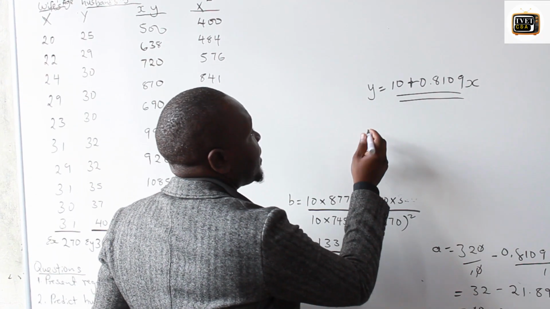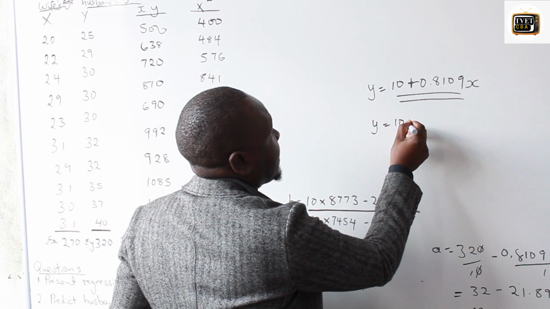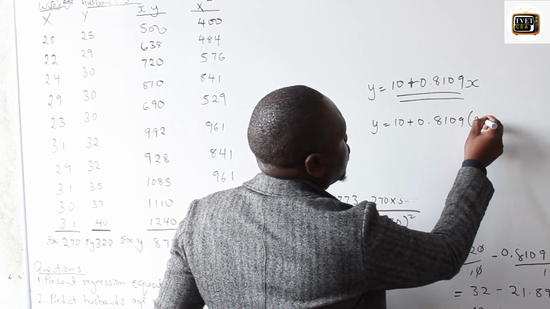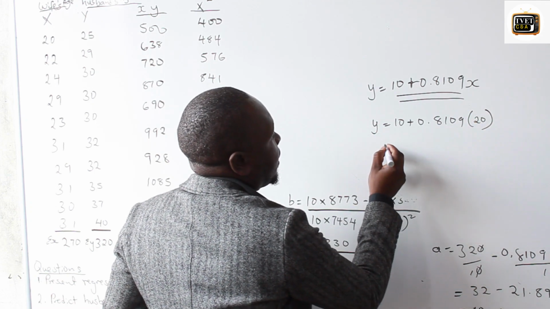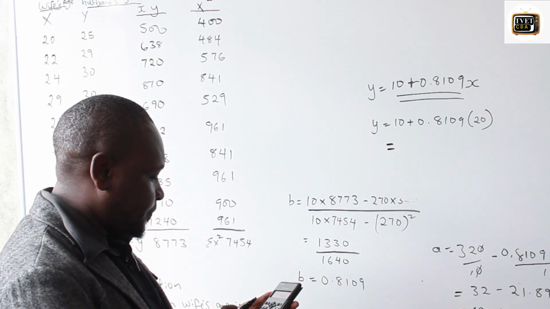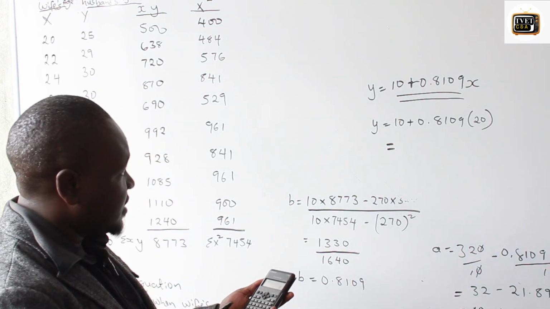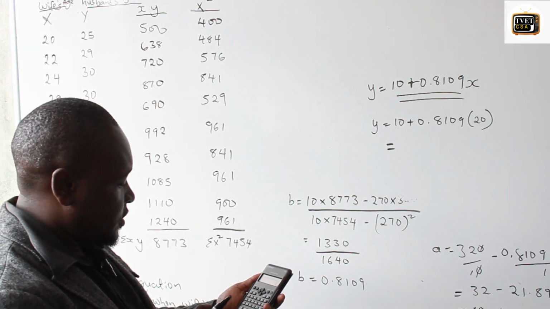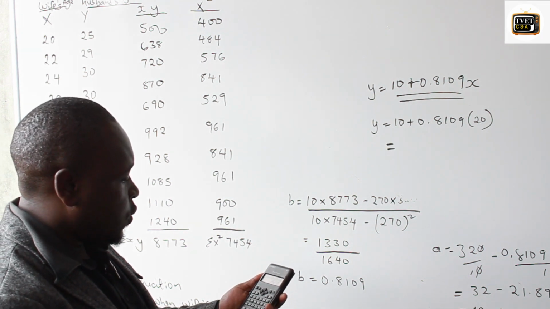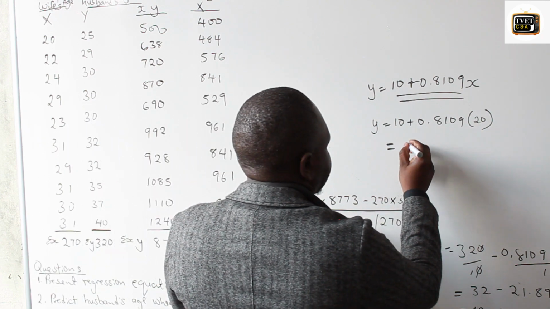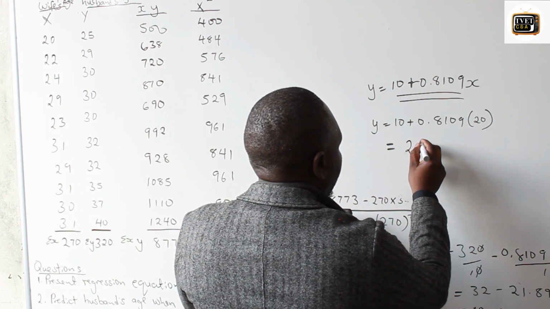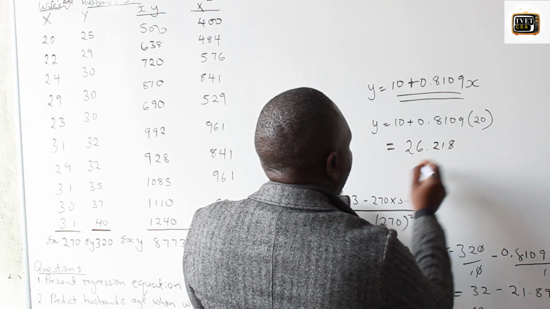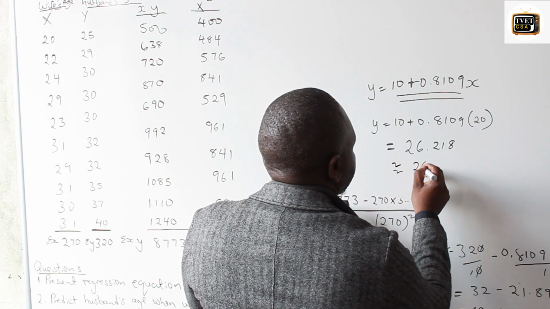So y is equal to 10 plus 0.8109 times 20, which is 26.218, approximated to 26 years.